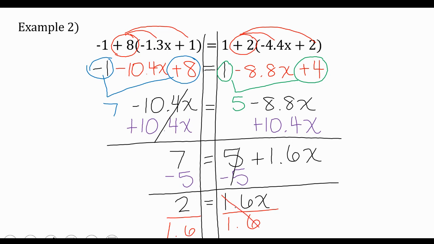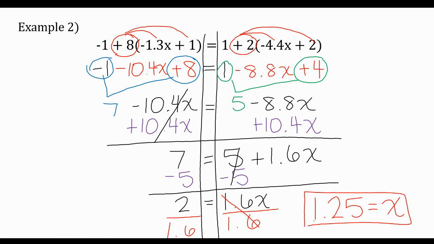So we have that variable isolated. And when we divide 2 divided by 1.6, we get 1.25. So 1.25 equals x. Make sure you can see that decimal there. And it disappeared. Okay. And that's it.